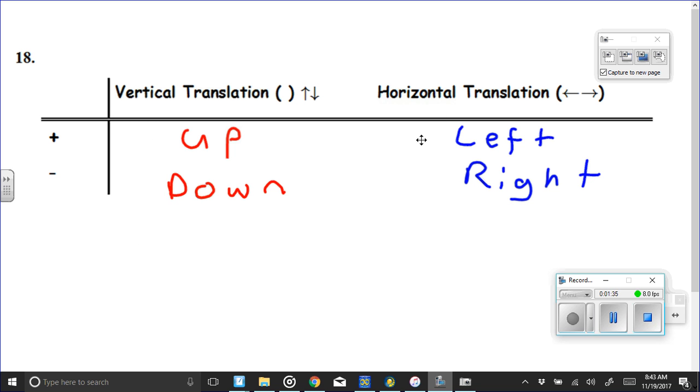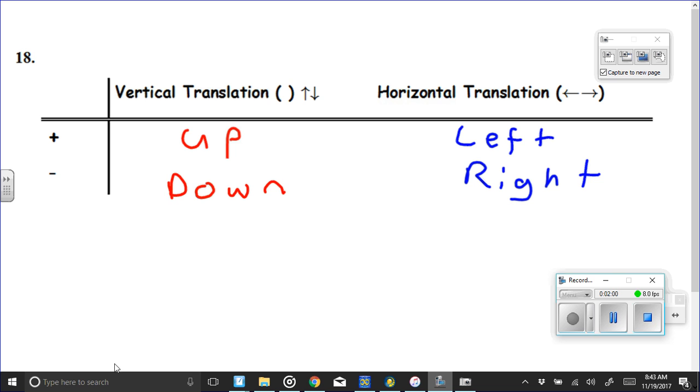But the horizontal is a little bit opposite. The positive goes to the left and the negative goes to the right. So that's something to keep in mind. And one way to remember it is the one that's opposite has O in it, horizontal. Opposite, horizontal. So positive's going to go left and negative's going to go to the right.